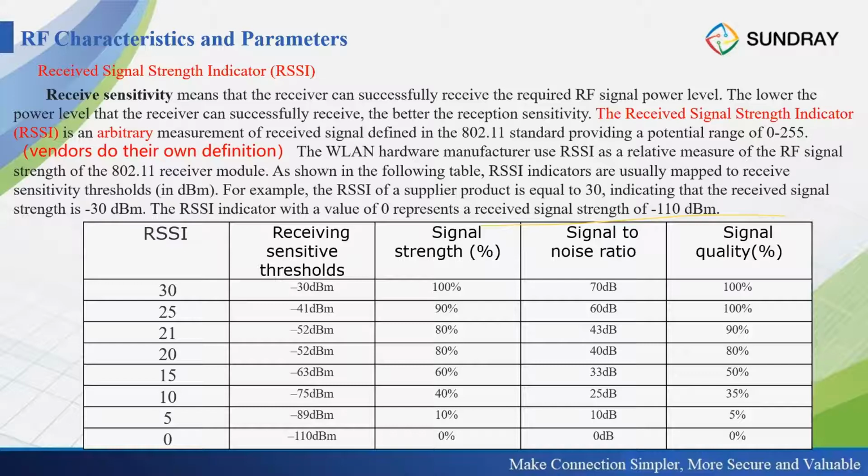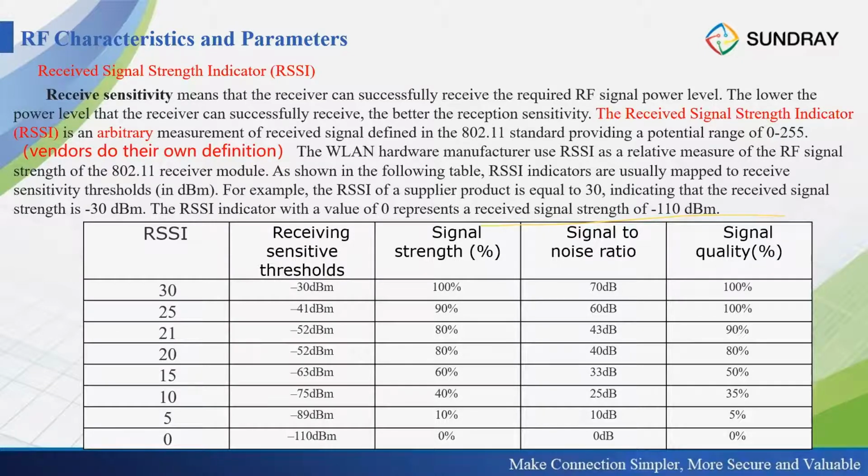So vendors can choose their own. This can result in you seeing 4 bars when you use an Apple phone, but on a Huawei phone it's not 4 bars, just something like 80%. This happens just because they are using different RSSI scales in their devices.